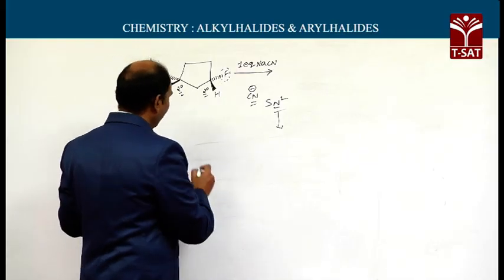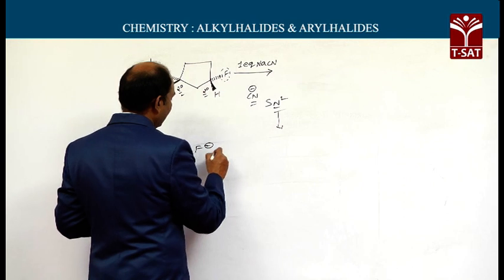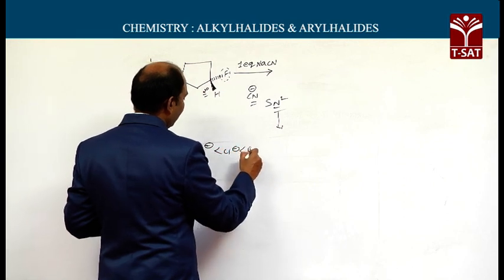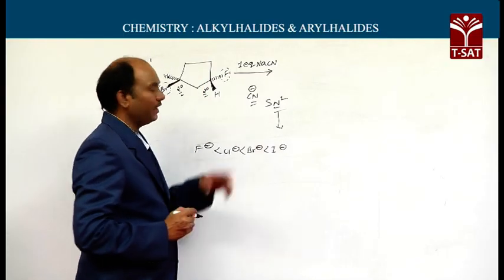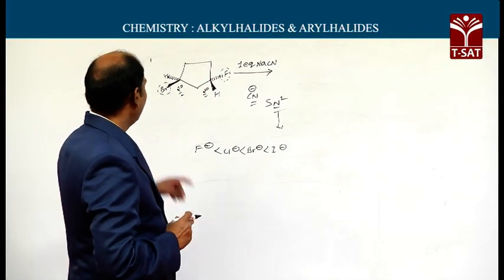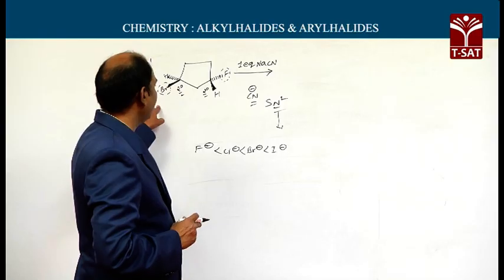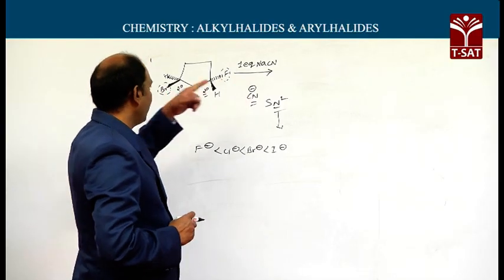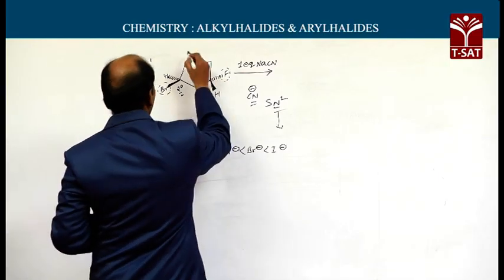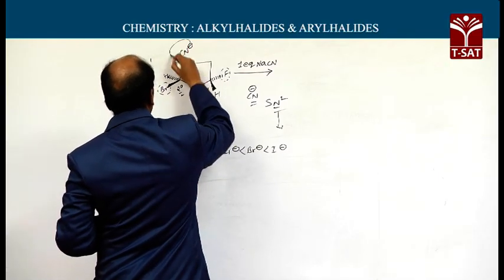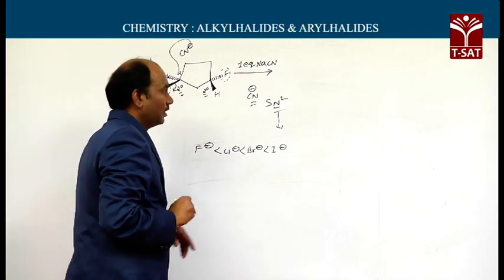Leaving group ability: F minus is less than Cl minus is less than Br minus is less than I minus. Here only one equivalent of NaCN is given. Therefore, Br minus is replaced by CN minus, because only one equivalent. The good leaving group is Br minus, and CN minus attacks from the back side of the leaving group, and Br minus is replaced.